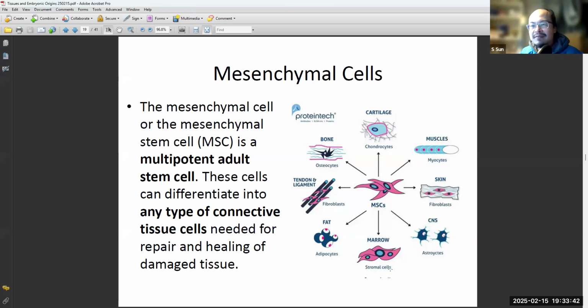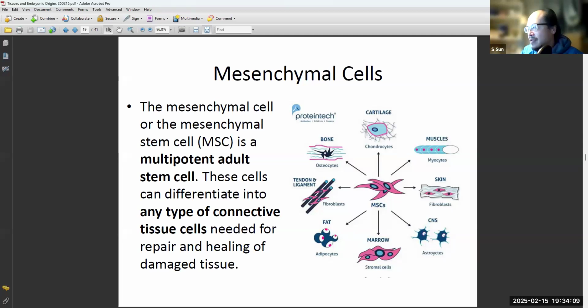This is another cell that is distributed in our tissues, for example in the brain, in the central nervous system. It can become fibroblasts again. We can see fibroblasts in the connective tissue. We can also see fibroblasts in the skin. The skin has an epithelium, but underneath the epithelium is connective tissue.